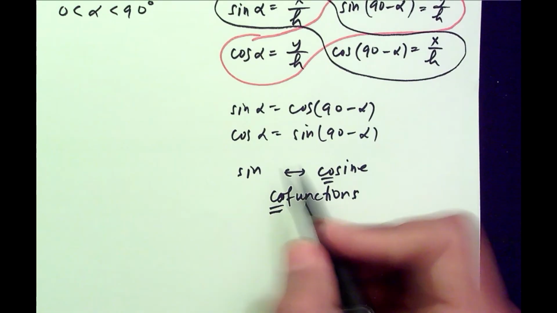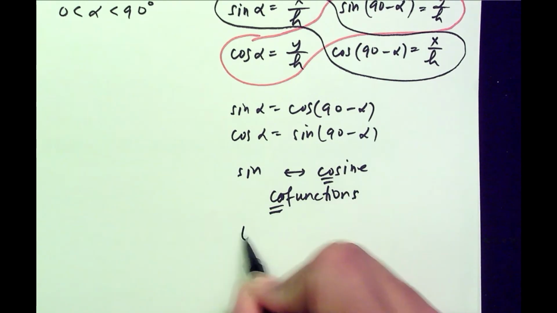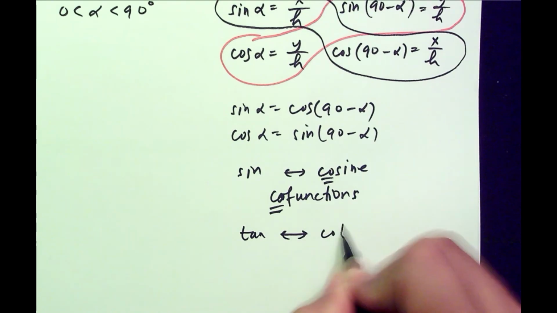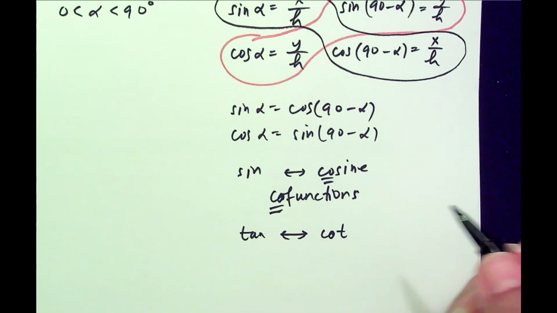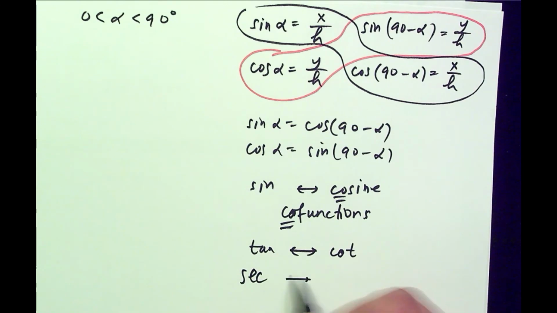So for example, you see the sine can be paired up with the cosine as its cofunction. The tangent can be paired with the cotangent as its cofunction. And then the secant can be paired with the cosecant as its cofunction.